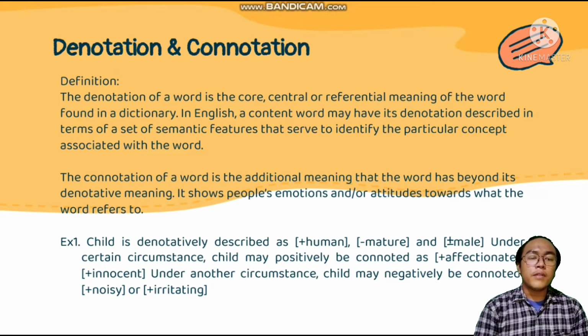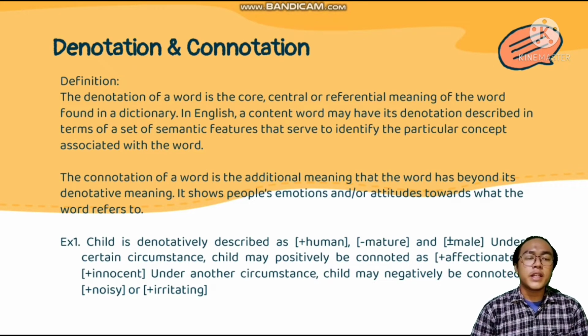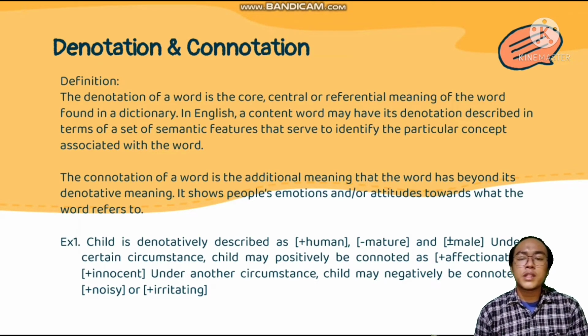The connotation of a word is the additional meaning that the word has beyond its denotative meaning. It houses people's emotions and or attitudes towards what the word refers to.